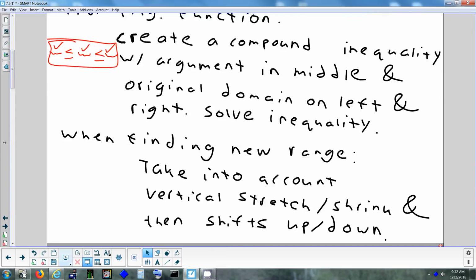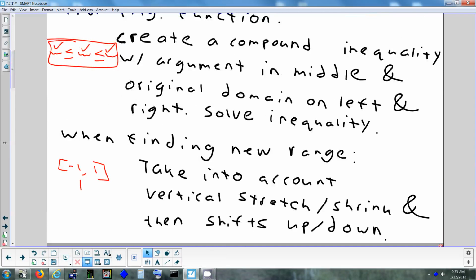To find the new range, first you have to take into account any vertical stretching or shrinking, and then shifting up and down. So what does that mean? Let's just make up something simple. Let's say we had a range that went from -1 to 1. And let's say I stretched that by a factor of 2.